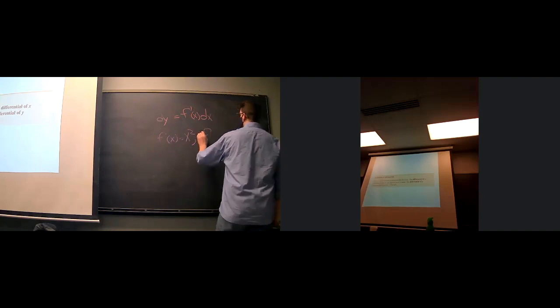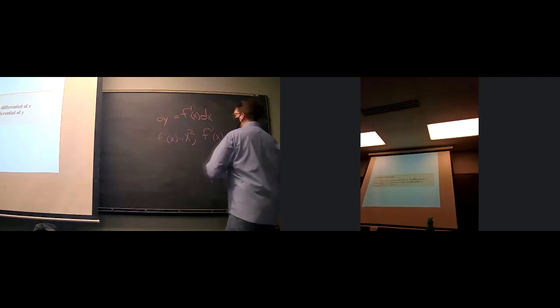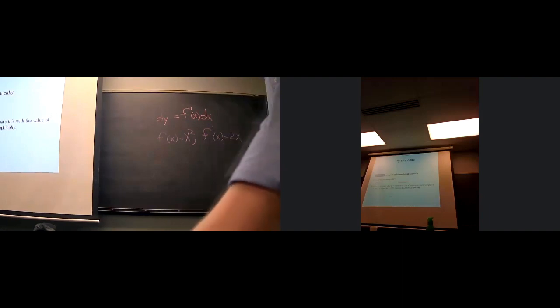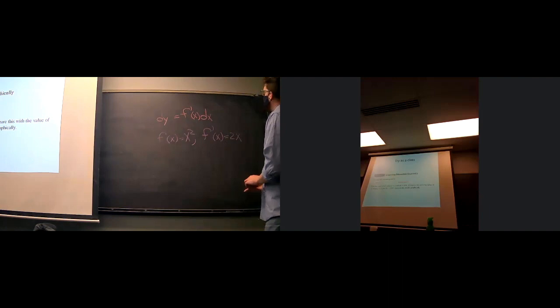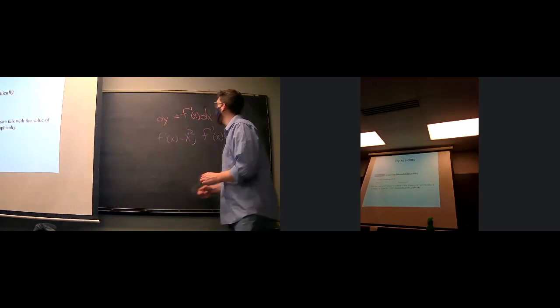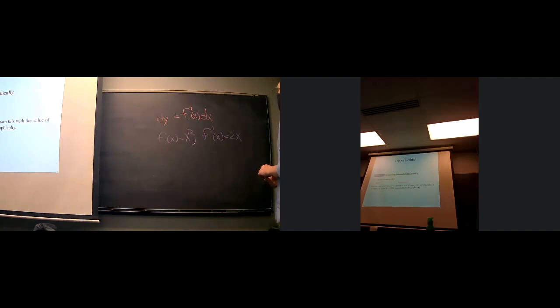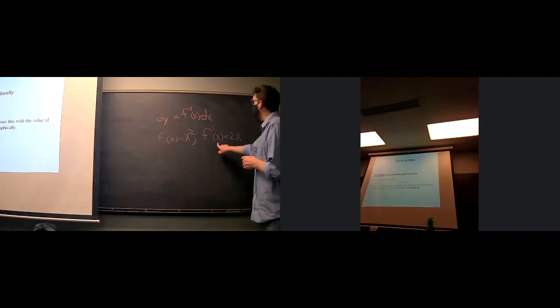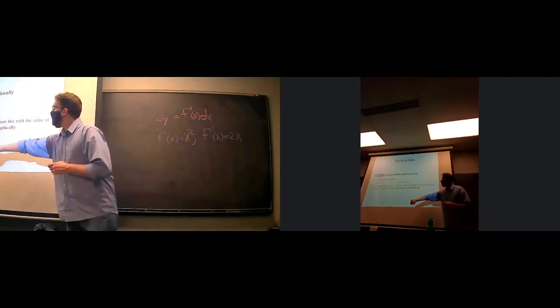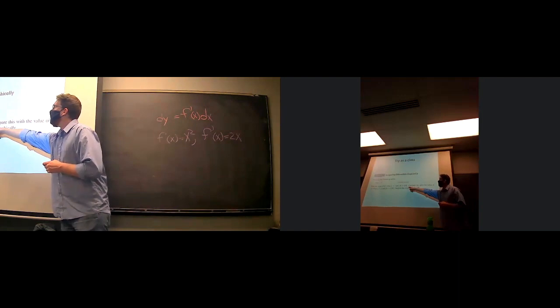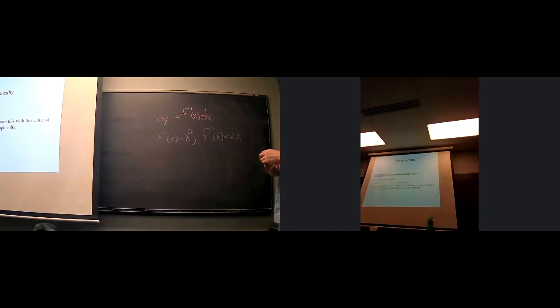So the derivative of f is 2x. So to find dy, we're going to evaluate our derivative at 1. We're going to approximate dx as being the change of 0.01.